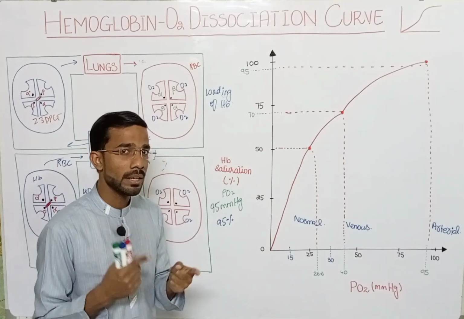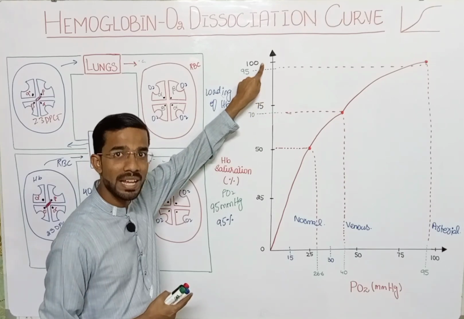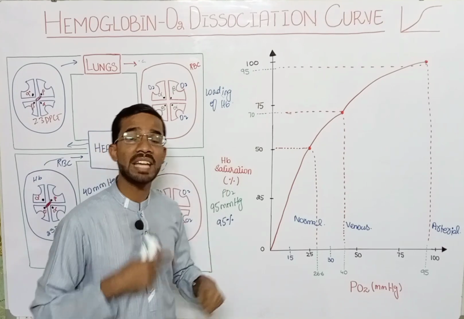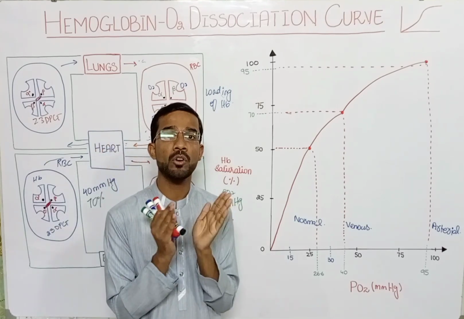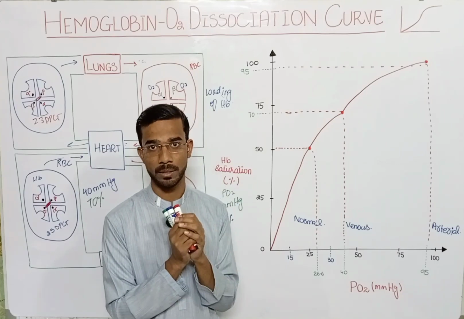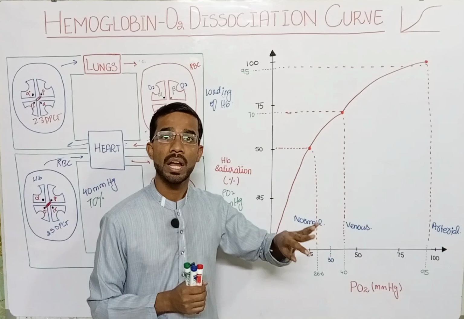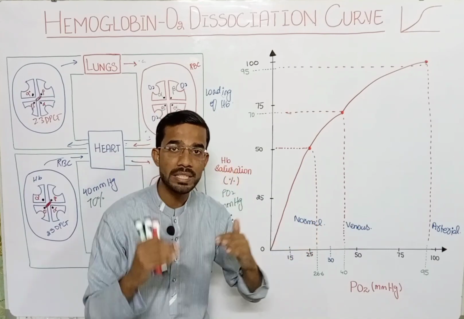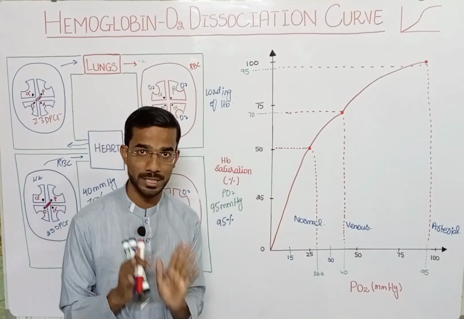Then the question is, can hemoglobin be 100% saturated? Yes, hemoglobin can be 100% saturated. In the lungs, hemoglobin is 100% saturated. But before the blood exits the lungs, the hemoglobin saturation decreases and moves towards 95%.